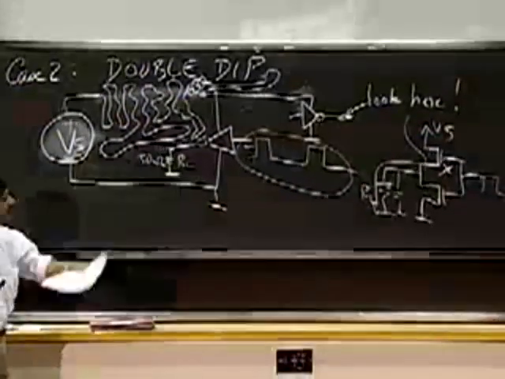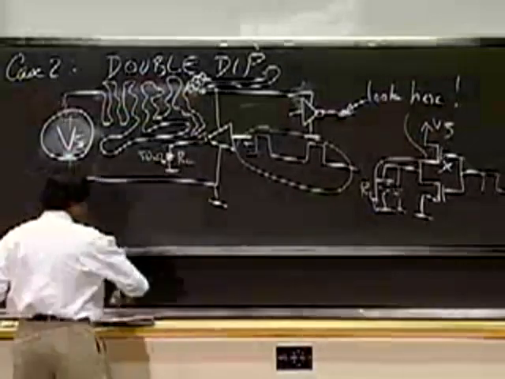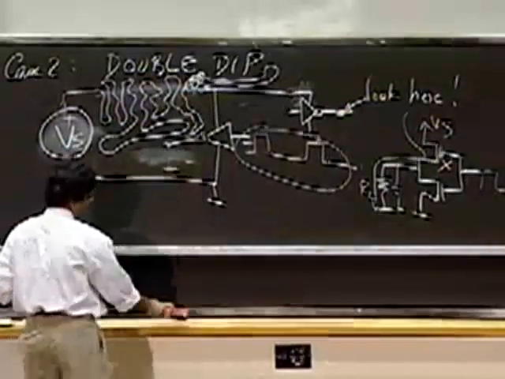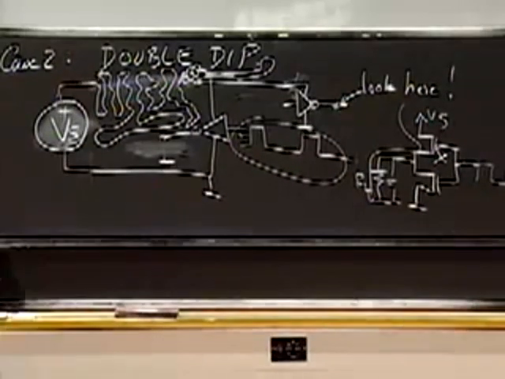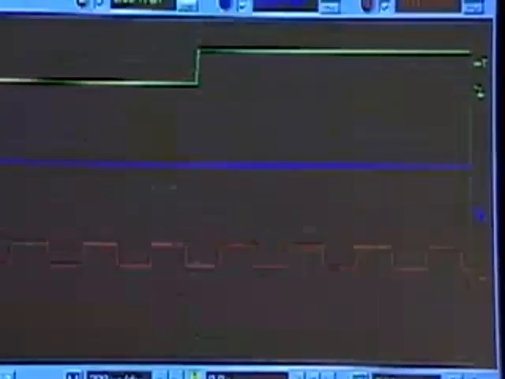But despite the inductance here, it turns out if I take out this resistor, the problem goes away. Look, I take out the resistor, problem goes away. There is an inductor here. I take out this resistor, problem goes away.